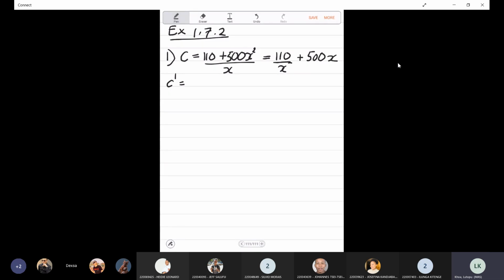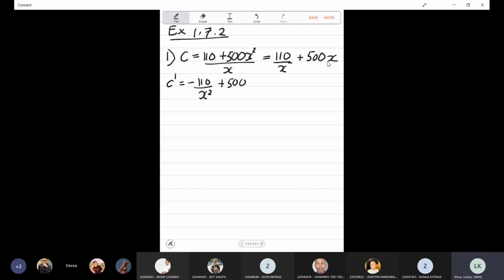The reason I do that is because differentiating this, I think, is easier than using the quotient rule over there. You can still use the quotient rule to differentiate that. Your answer will be exactly the same as mine. Okay, so we differentiate this one now. We get minus 110 over x squared plus 500.